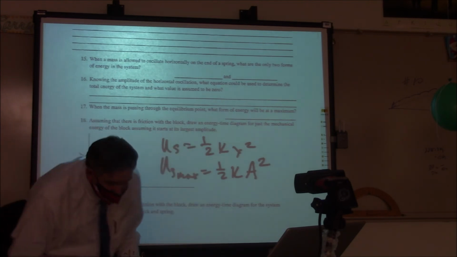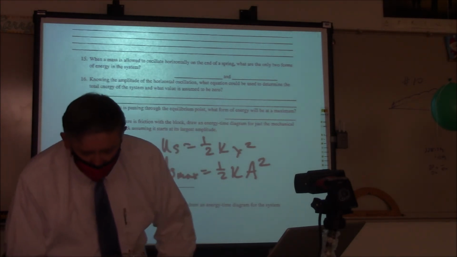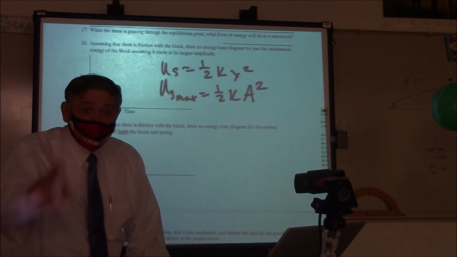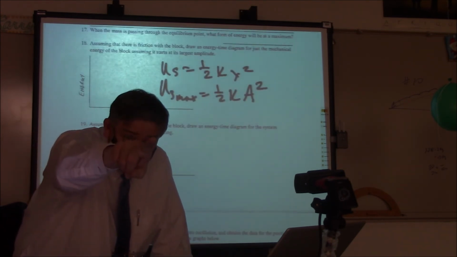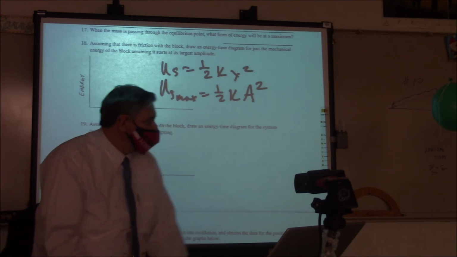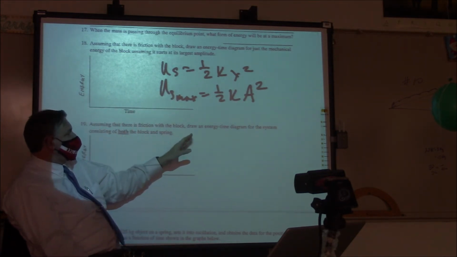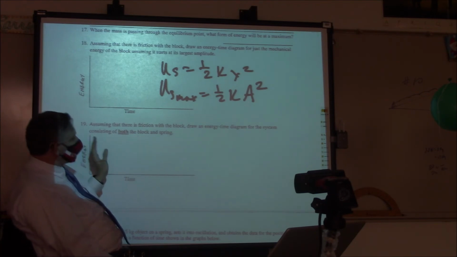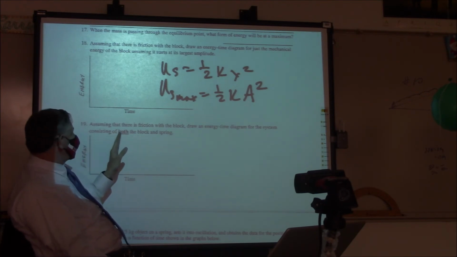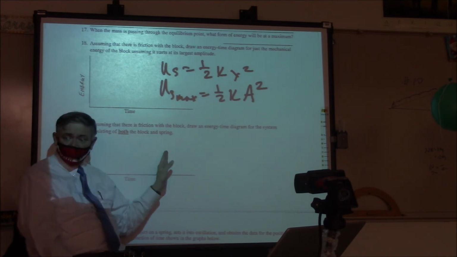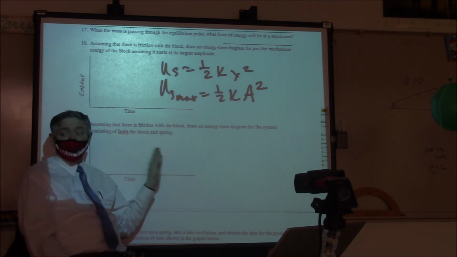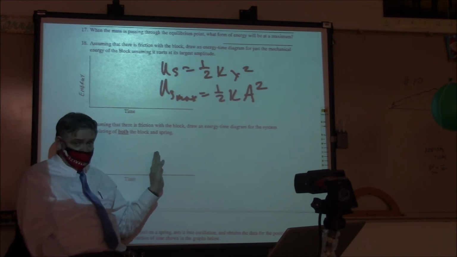Now, when you get to question number 19, hold on to that first answer that you gave me. On 19, I said, assuming that there is friction with the block, draw an energy time diagram for the system consisting of both the block and the spring. The block and the spring.